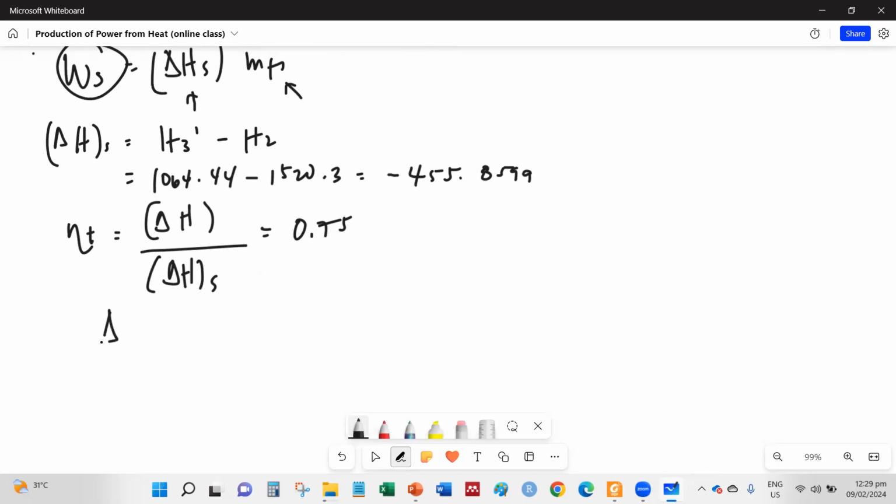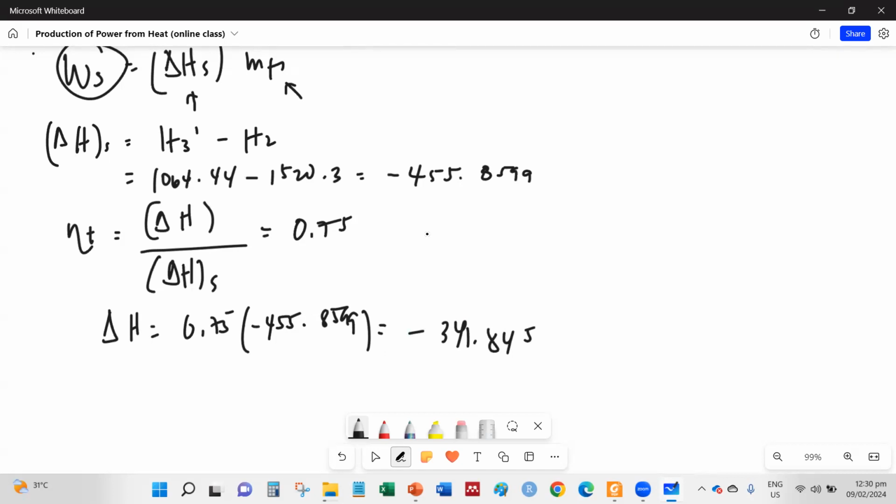So we can calculate delta H actual, which is just 0.75 times delta H ideal that we got earlier, negative 455.8599. Delta H actual is negative 341.845 BTU per pound mass.